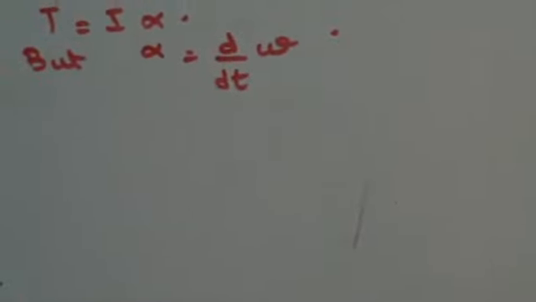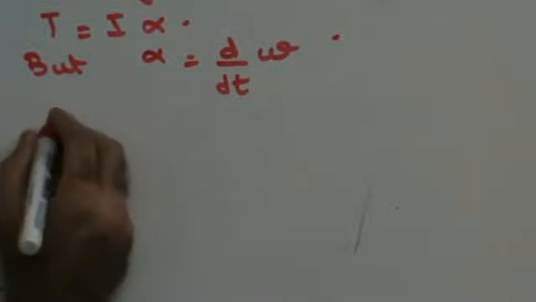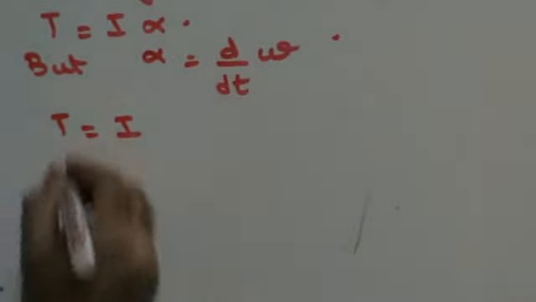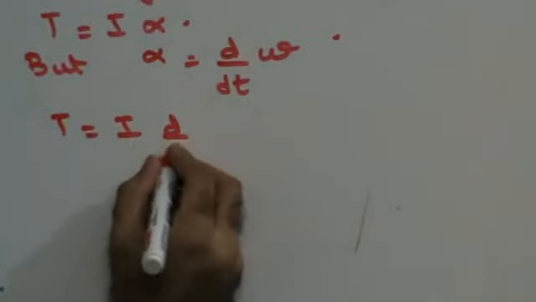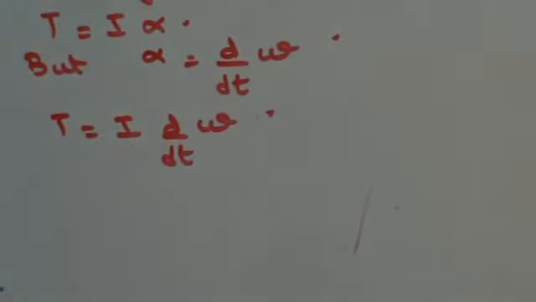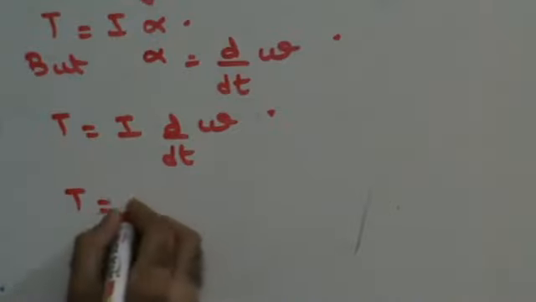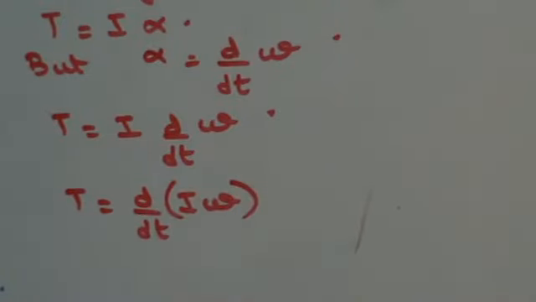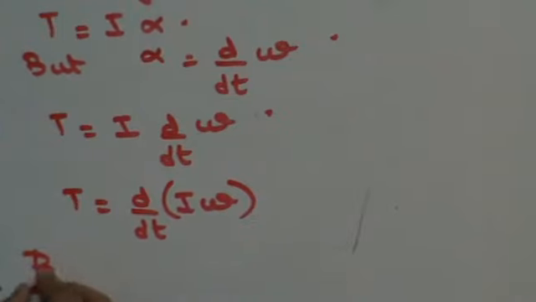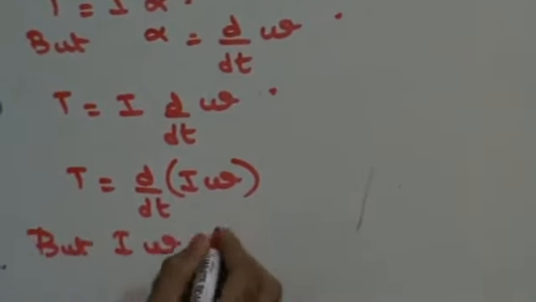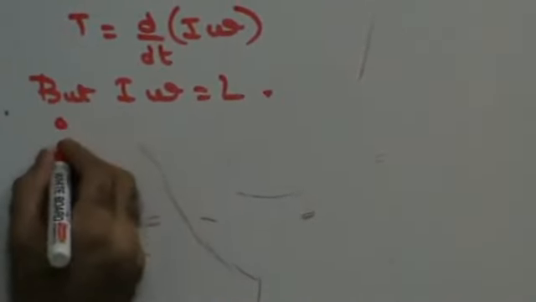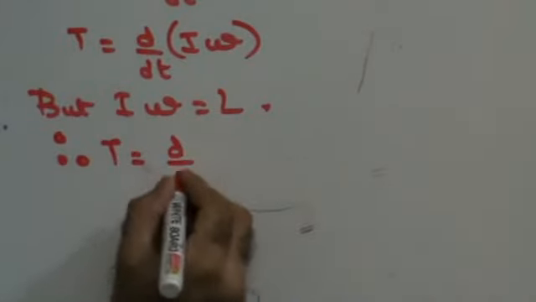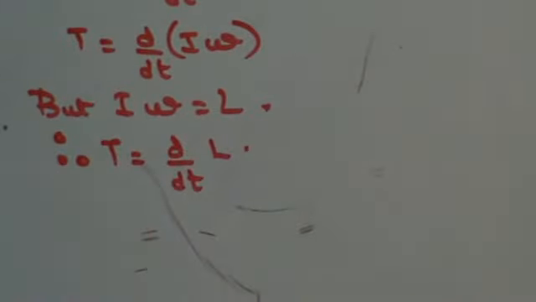So I can substitute the value of alpha as d by dt of omega. So torque is d by dt of I omega, right? But we know that I omega is equal to L. Therefore, torque is d by dt of L, right?